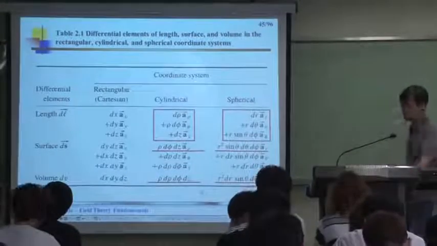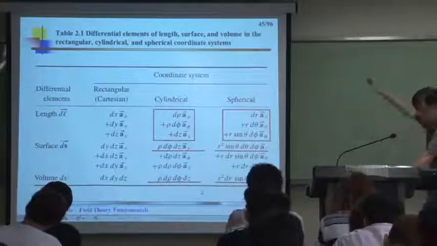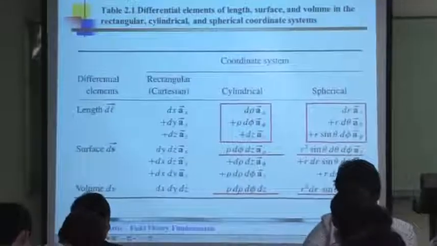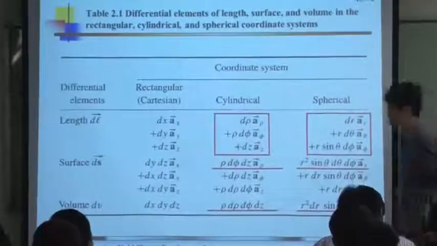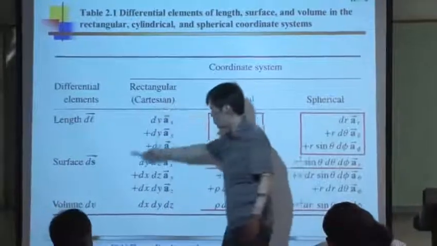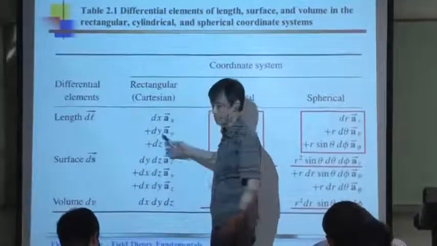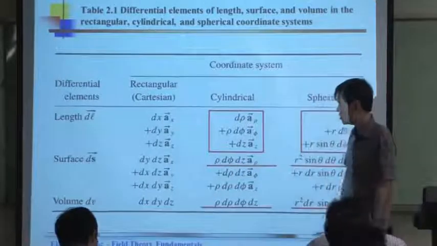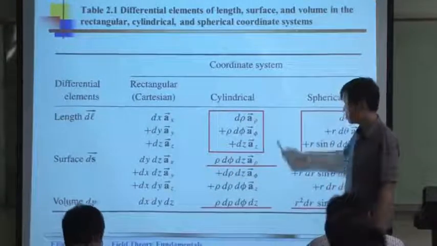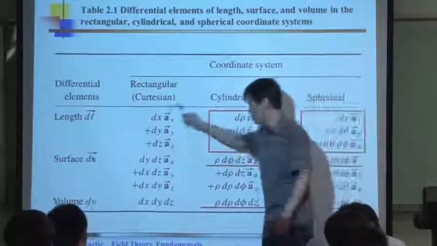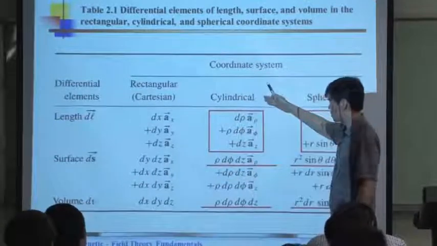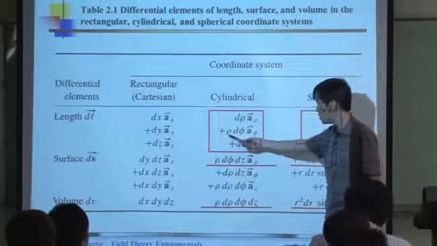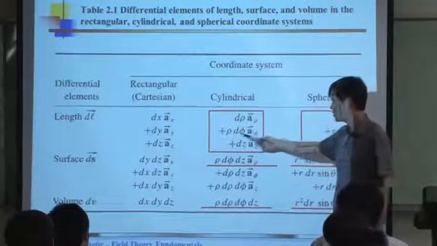Okay, so on this table, all of them is summarized. So for the rectangular coordinate, it's very conceptually intuitive. It's easy. But in case of the cylindrical coordinate, you need to think about the length of the arc.